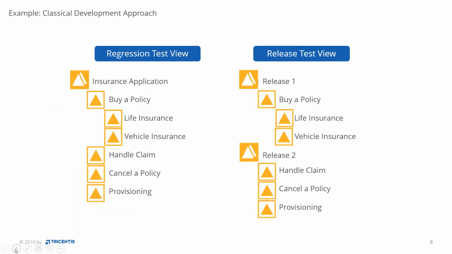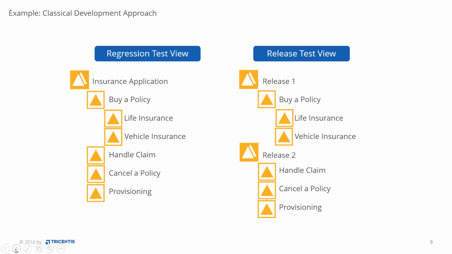Depending on which type of approach you take to testing, you can structure the requirements section differently. What you can see on the screen now is the classical development approach. Let's say you have sets of regression tests that you run, and you have requirements for the overall system, but then you also have different releases before the application is totally launched, and for each release you have different requirements.